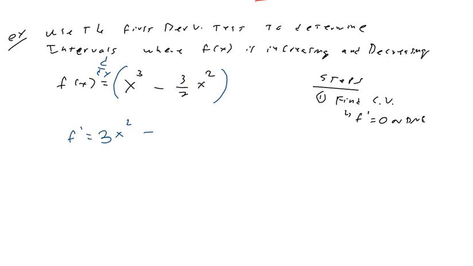So it's just going to be 3x, x to the first power, because I brought the 2 down and reduced the exponent 2 to 1. So I got the derivative is 3x squared minus 3x. Set it equal to 0 and solve for the critical values.